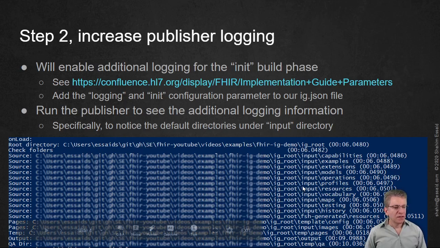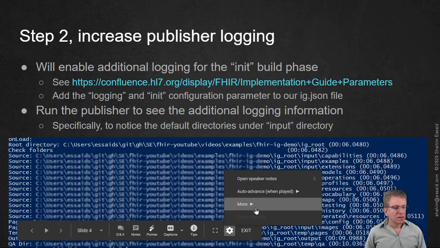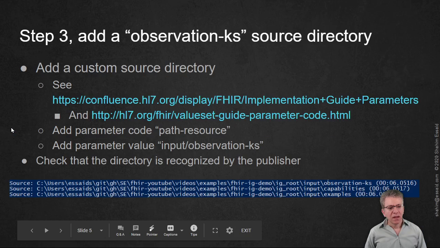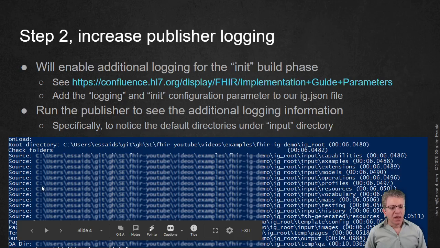I have a screenshot of it here. You can see that it shows you the source of directories that the tool uses. So you have the source directories that it looks for. There are pages directories, and there's the temporary directory, an output directory, and a QA directory.